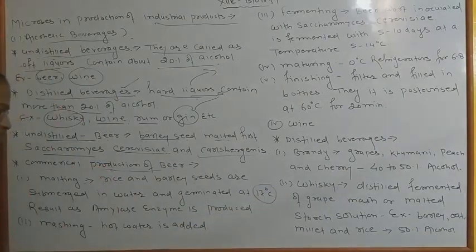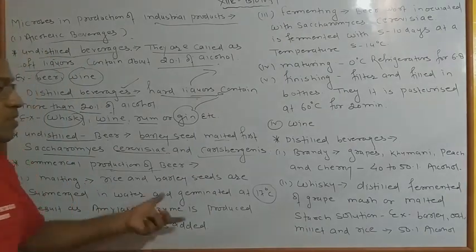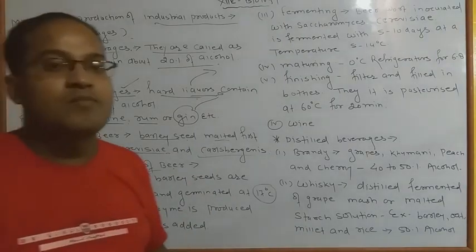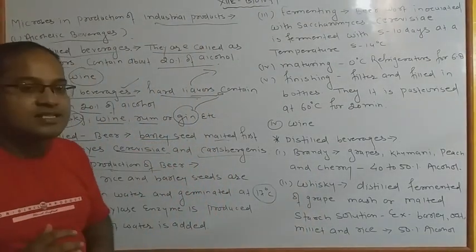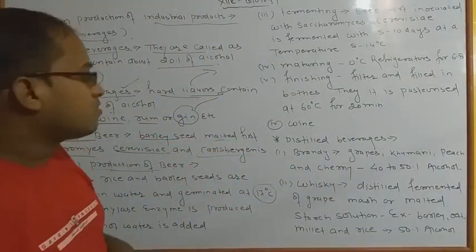Apart from that, the second process we study is mashing. Mashing means hot water is added to the submerged rice and barley. By this, the coagulation is completely done, and all the rice and barley are mixed equally and dissolved.